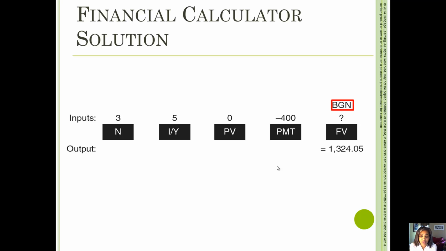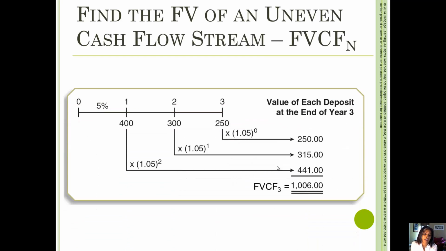So you'll hit second enter, and that will change it to begin. For as long as you have the payment set to the beginning of the period, you'll see the little BGN in the window. If you don't see BGN in your calculator window right now, you haven't done something quite right. So now if we do that and put in the same information, we'll get that 1324.05.